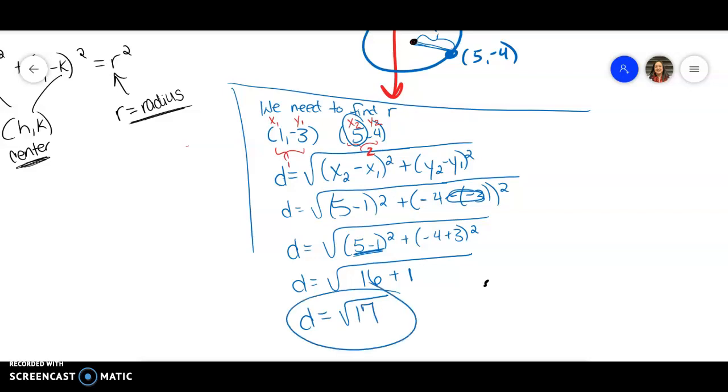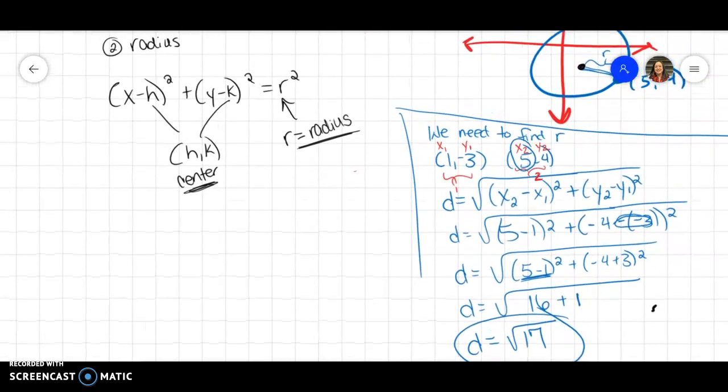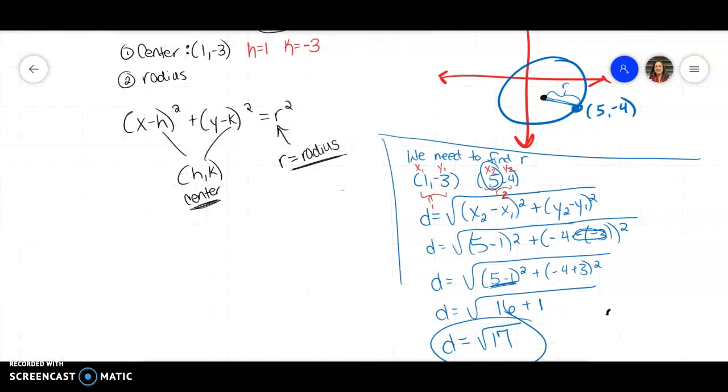So if I go back, let's see if I can put this where I can see everything. Let's kind of zoom this out. There we go. So I have my radius. My radius is equal to the square root of 17. My center is at (1, negative 3). From there, I just substitute into my equation. And again, that is what we call the standard form for a circle, right?